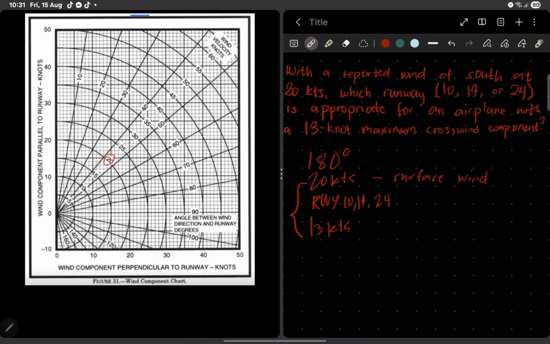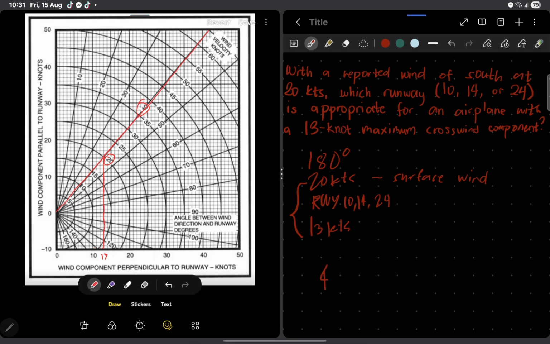So this is your crosswind component, 13 knots. You then look at which point intersects with your 20 knots of wind velocity, and then take a look at which angle you intersect with as well. Since you intersect with this line, your angle is 40 degrees.